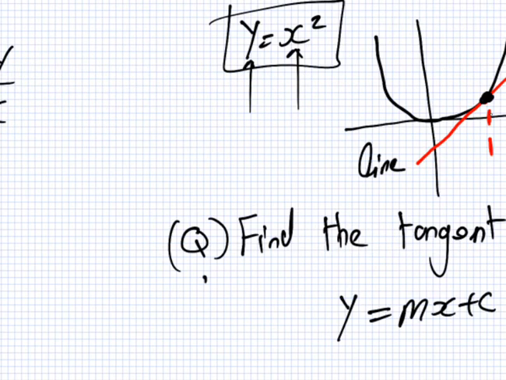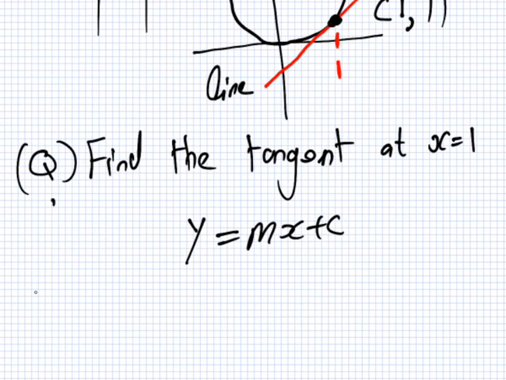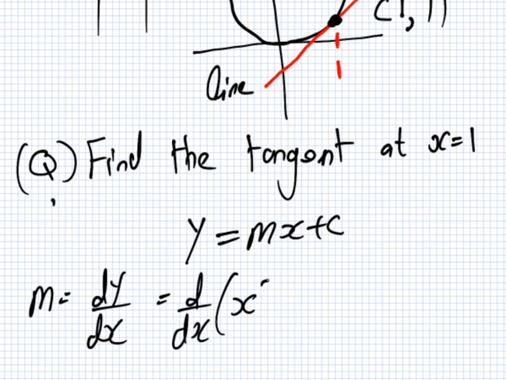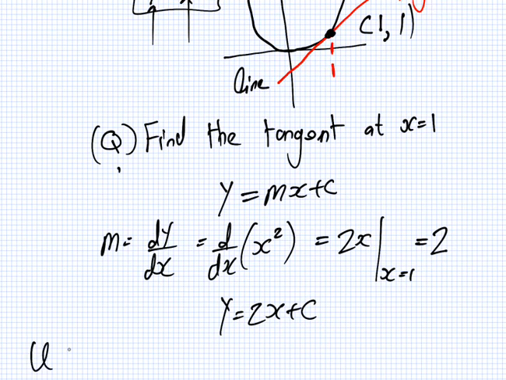Yes, go on. So, for example, let's say we have y equals x squared. So that will look like this. And so my question will be, find the tangent equation, tangent at x equals 1.